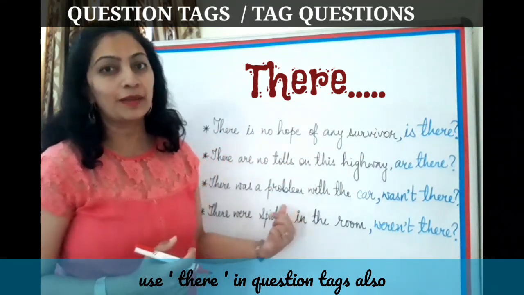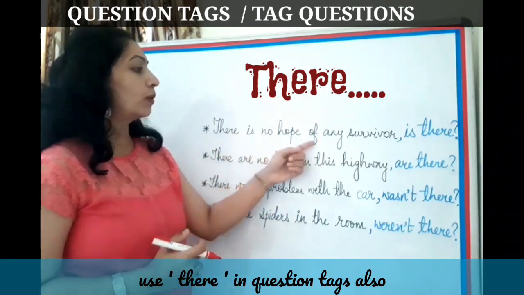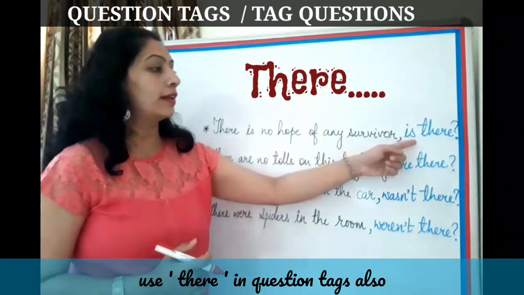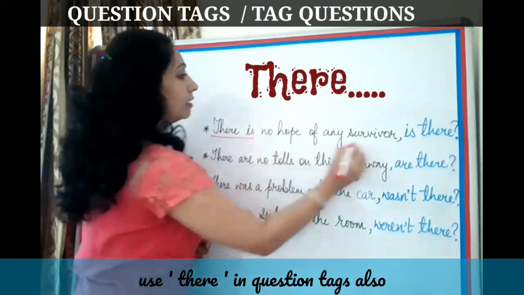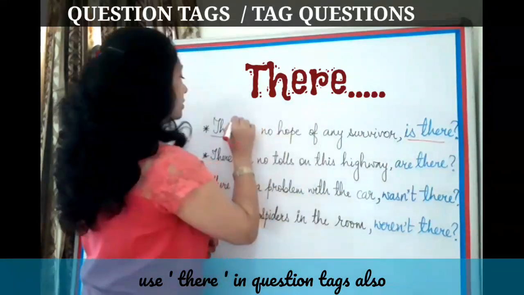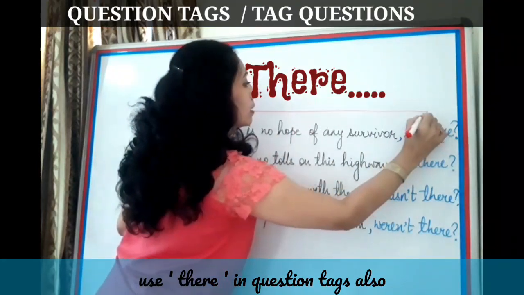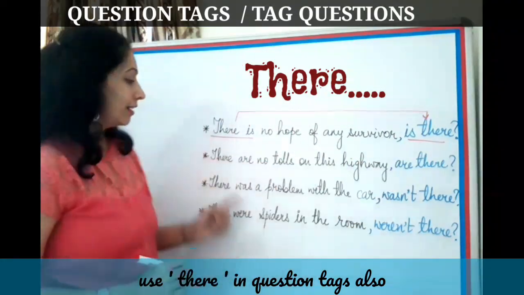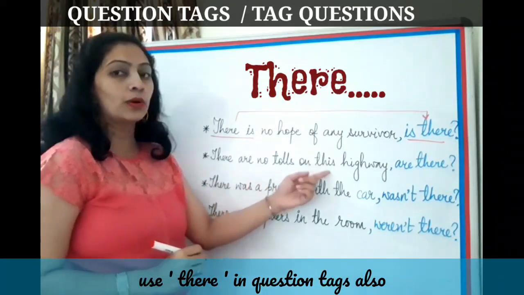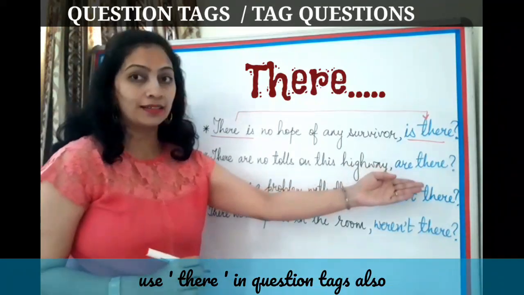Let's look at these examples. There is no hope of any survivor. Is there. Now if you see that this entire thing is duplicated here, it's just that the position of the words is changed. Next, there are no tolls on this highway. Are there?